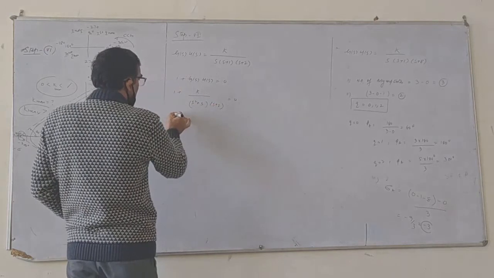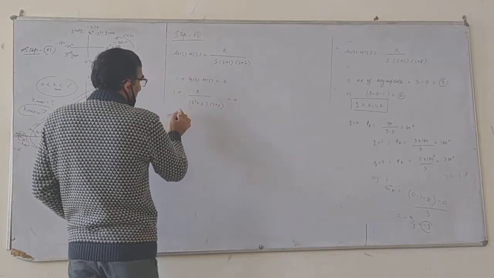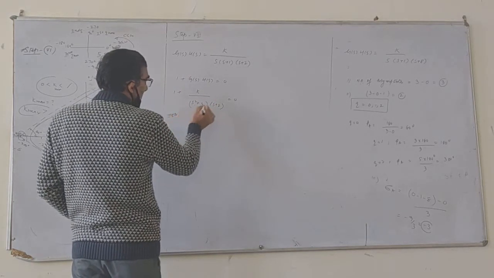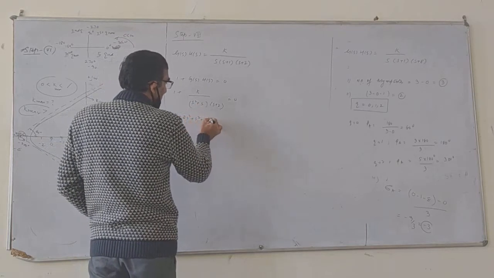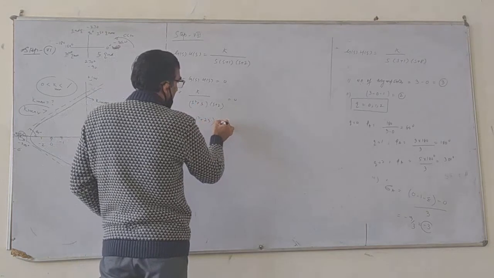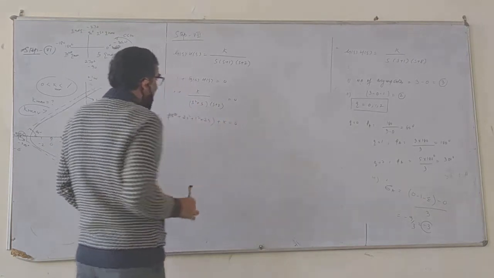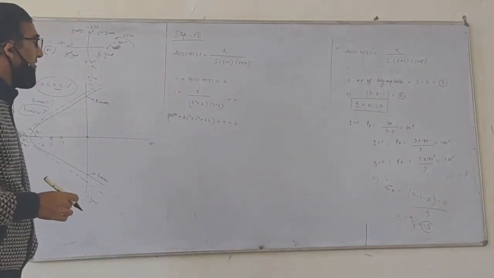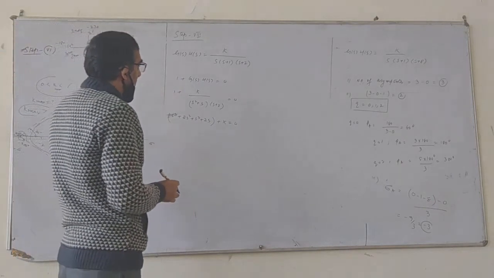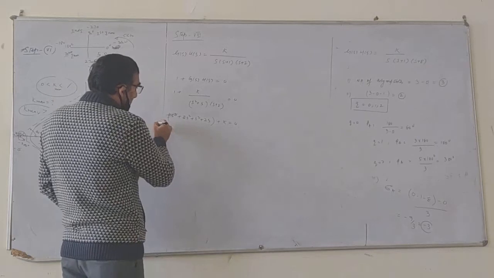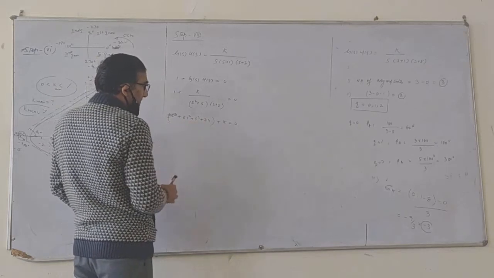So that will be s cube plus 2s square plus s square plus 2s plus K equal to 0. This is correct: s cube, 2s square and s square will be 3s square, and then 2s. Now this is my characteristic equation.